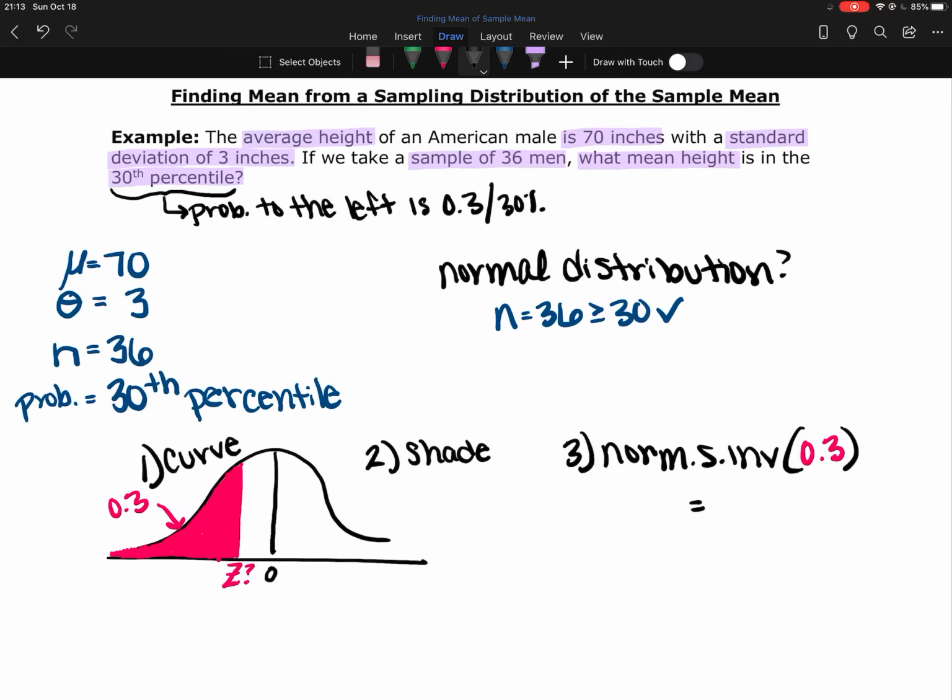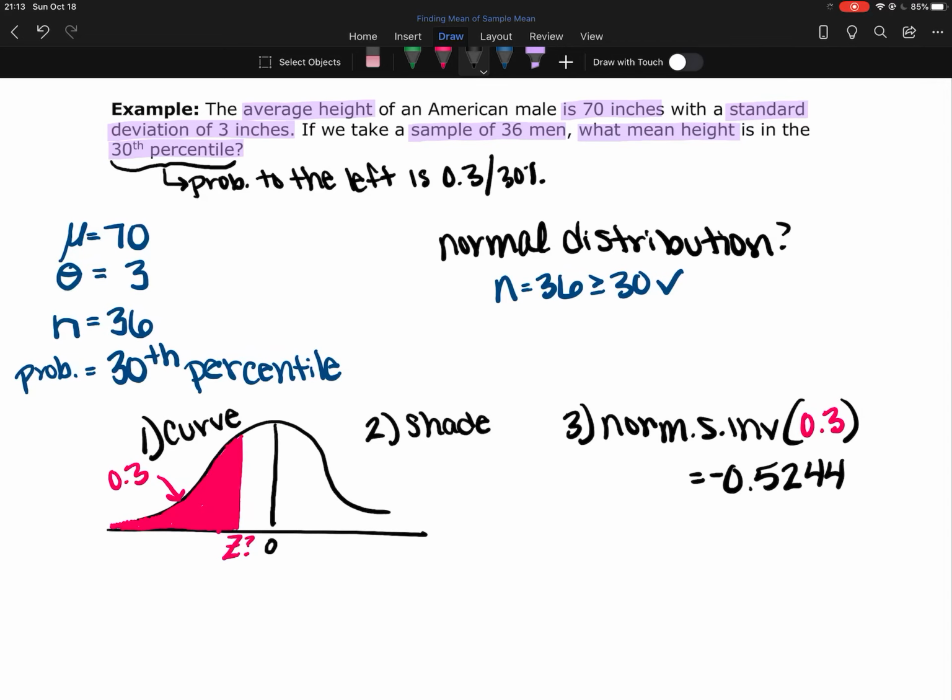So 0.3 to the left corresponds with a z-score of negative 0.5244. And you can go ahead and round that z-score to 2 or 4 digits. I'm in the habit of rounding everything to 4 because I used to require all of my students to round every single number they gave me to 4. And I was being nice to you guys this semester, and I don't like that I did that. All right, so 0.5244 is our z-score.